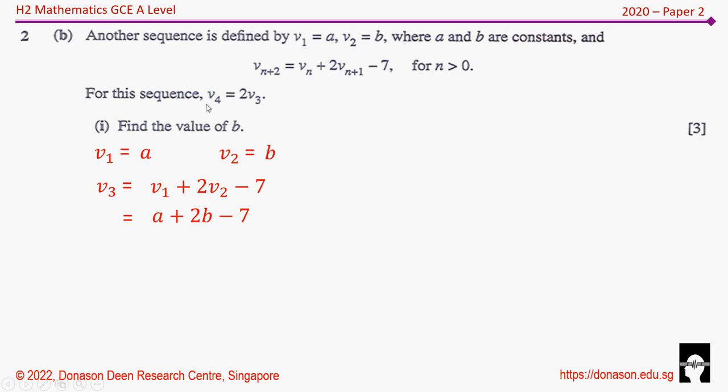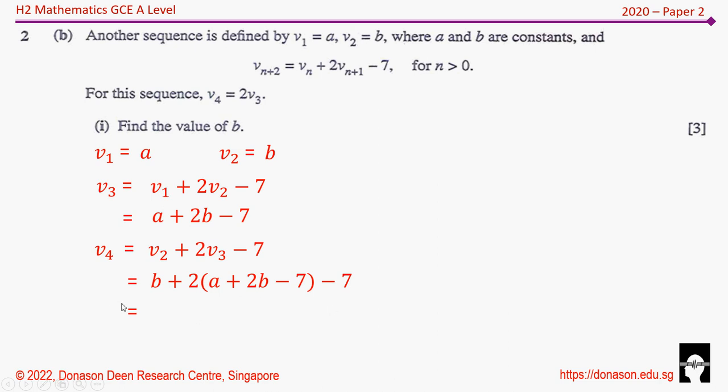But for us to make use of this given equation, we need to go for one more term, which is V4. So our V4 should be equal to, again we're going to use this formula, but this time instead of V1 and V2 it is going to become V2 and V3, right? So V2 plus twice of V3 minus 7. So we have the V2, which we can take from here and substitute, that's B, and then plus twice of this entire expression for V3, and then minus a 7.